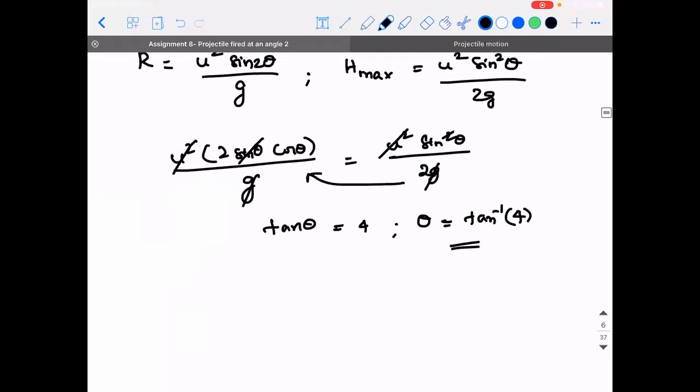See, 2 will go this side, cos theta will come this side. So sin by cos is tan and 2 into 2, 4. So tan theta is equal to 4. So theta will be tan inverse 4. Yes, sir. Got it, sir.